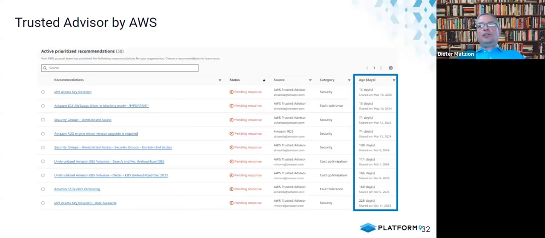So it hasn't been acted on for about half a year. Again, the tabular nature of this user interface is great, but it doesn't give me ownership, right? This one doesn't even give me a dollar value, even though AWS would be in a fantastic position to accurately calculate the dollar value of these opportunities.